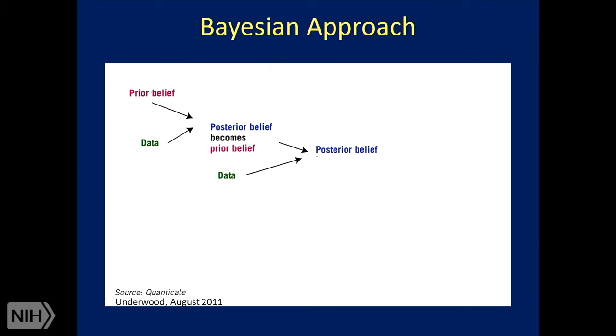You get some data, and you update the information. And that's how we actually live, right? You're born, and you slowly learn, you think something, and then something happens, and you adjust, you update, and you keep updating as you live. That's basically what this is doing in a much more formal way.